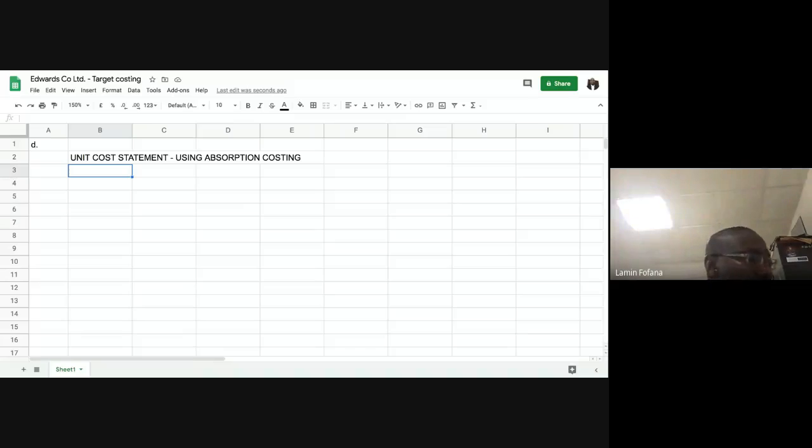Our direct material here, we don't just call it direct material, but there are different parts. We have three different types of direct material: our component one, which is called circuit board, our component which is called wiring, and then other materials. These three things will constitute our direct materials.